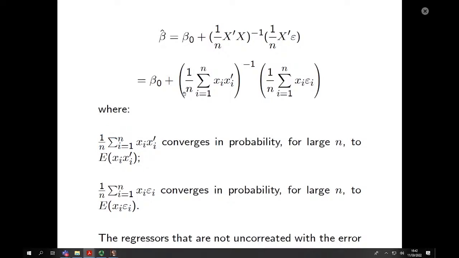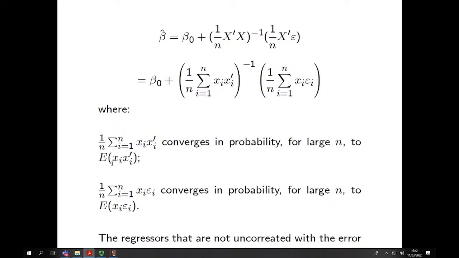If n goes to infinity, this term converges to the expected value of regressor prime, which is a kind of second order moment of the regressor. It's not something strange. It looks mysterious, but it is not. If you have just one regressor in your model, this would simply be the expected value of the square of the regressor, so it's a kind of variance of the regressor.